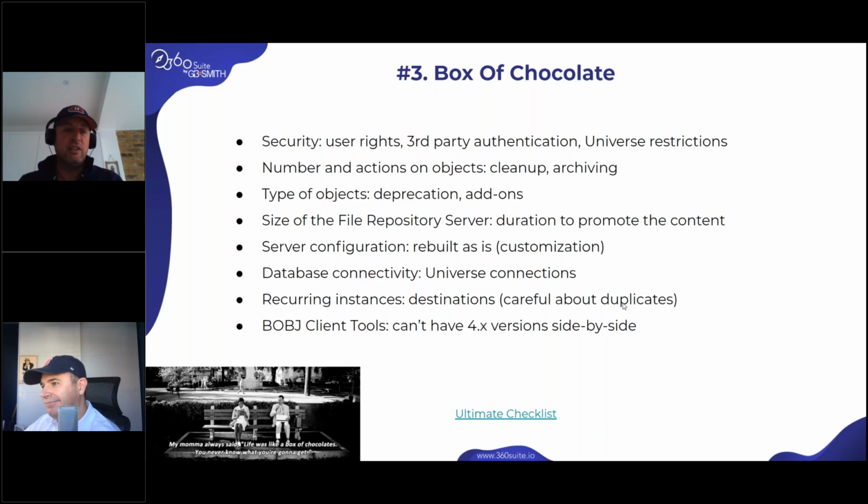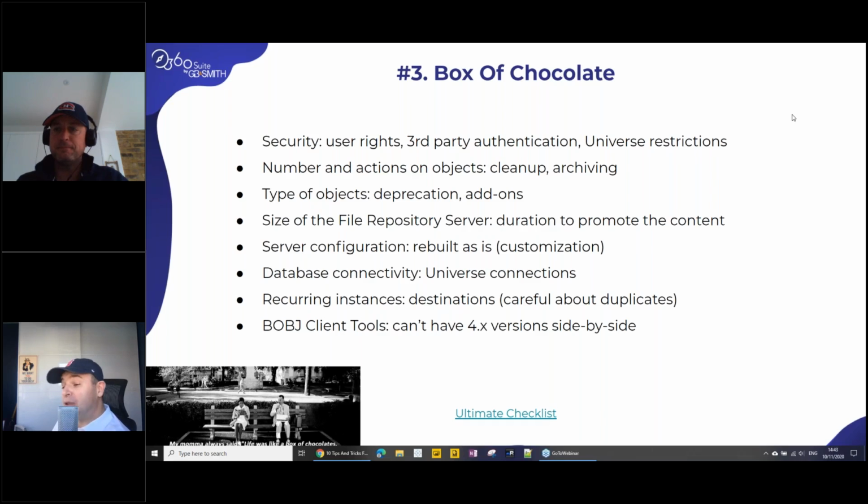You mentioned a box of chocolate earlier. You want to talk about that just a bit? The reality is, about this expression, as Patrick knows, I always like to say, when you do an upgrade of BusinessObjects, people love BOBJ. So I always say it's like a box of chocolate, but the issue is, like a good box of chocolate, you never know what's inside.